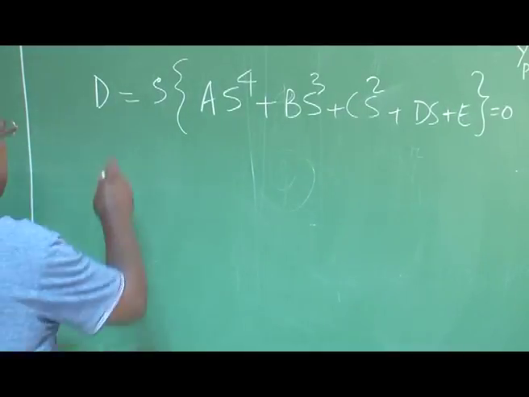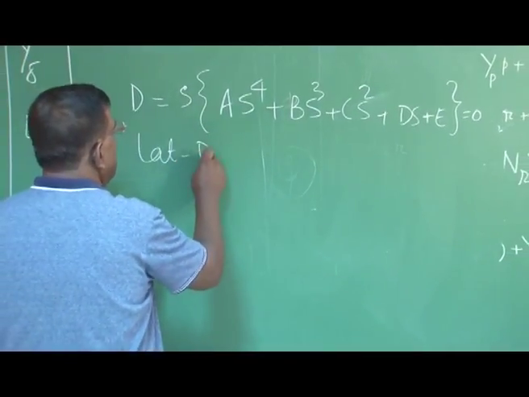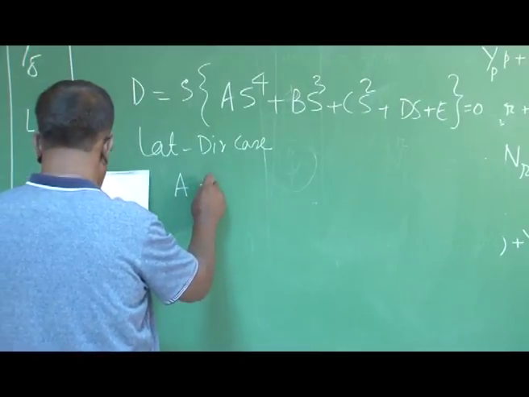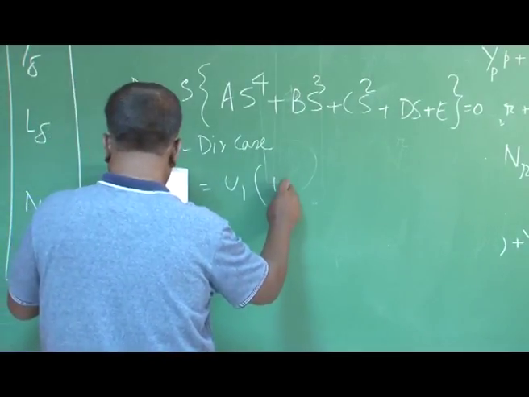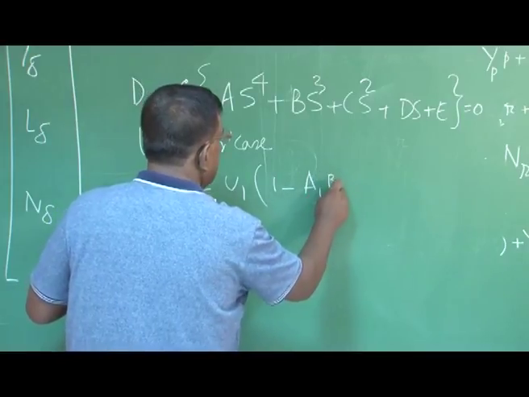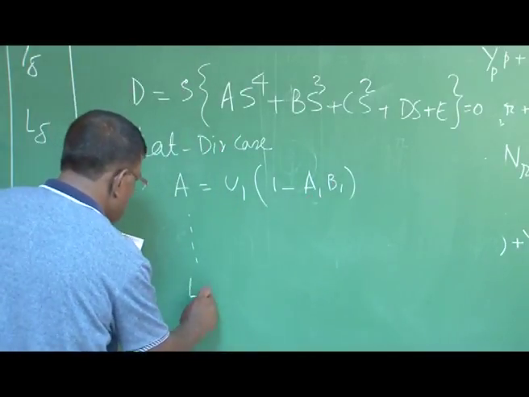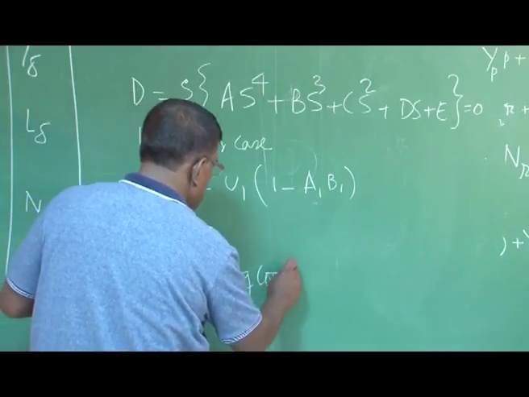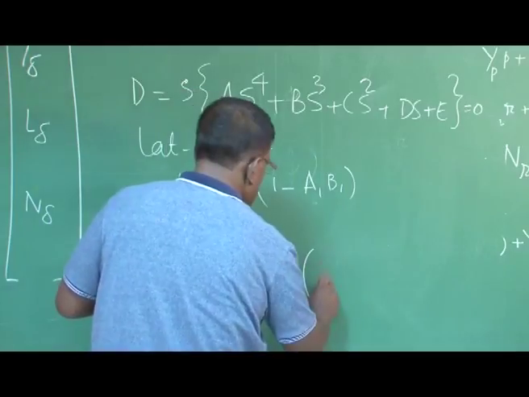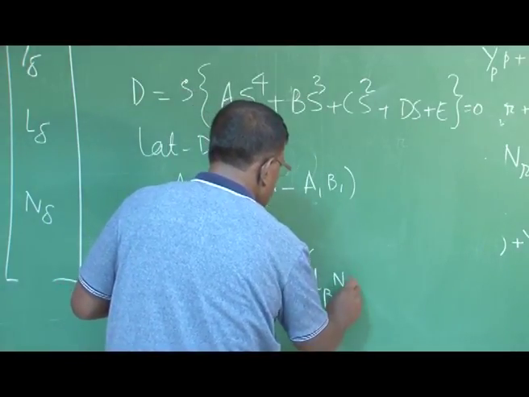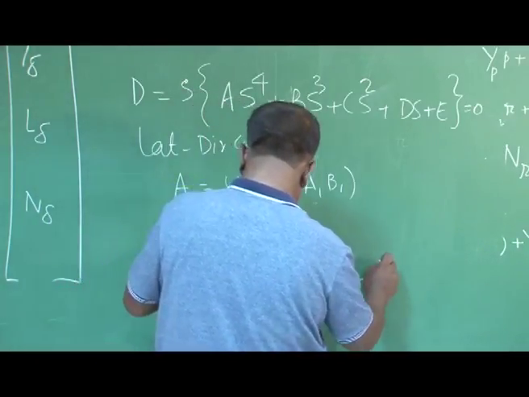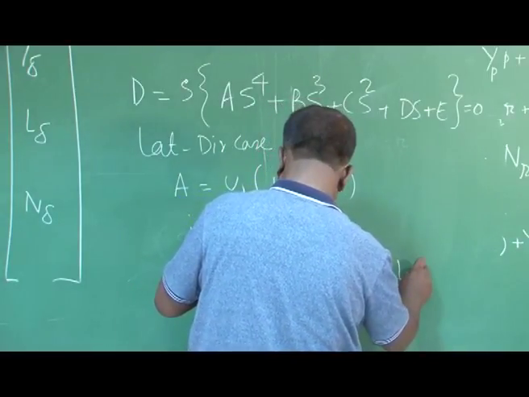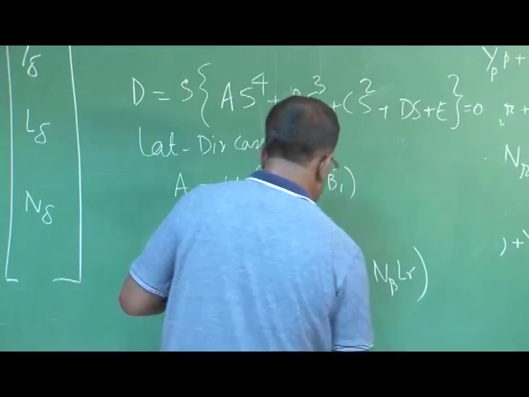This is the lateral directional case. So here A is given as U1 into 1 minus A1 B1. Similarly, the important one, E, is G cos theta 1 into L beta NR minus N beta LR, when there is no thrust.